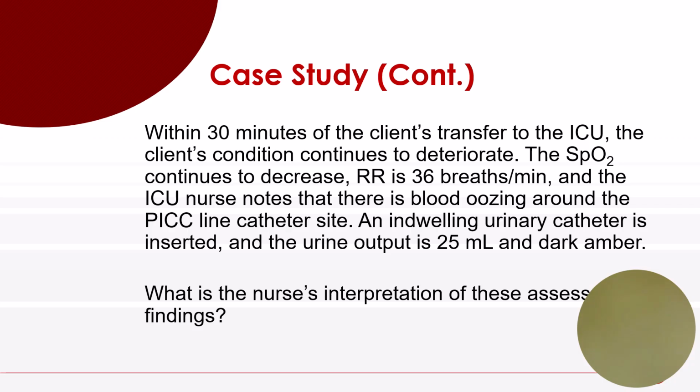These are very abnormal, and we do suspect that the surgical wound is the site for the septic infection. But now we're starting to see some signs of blood oozing around that PICC line catheter. This could indicate the start of DIC.